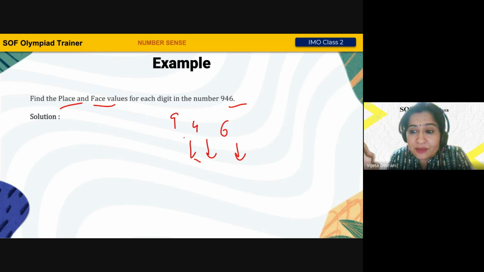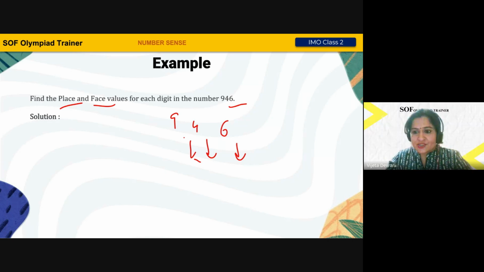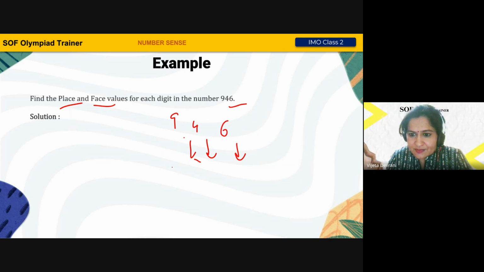Now Athar will tell me what are the place values of 9, 4, and 6. Come on, do it. How did I tell you? Tell me quickly, Athar.